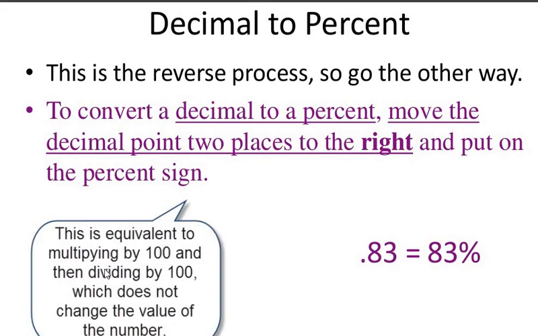It's the same as multiplying by 100 and then dividing by 100, which doesn't change the value of the number, of course. If you multiply by 100 and then put this symbol, it means that you divide by 100, so you keep the value of the decimal. You just change the decimal point with the percent symbol, okay?